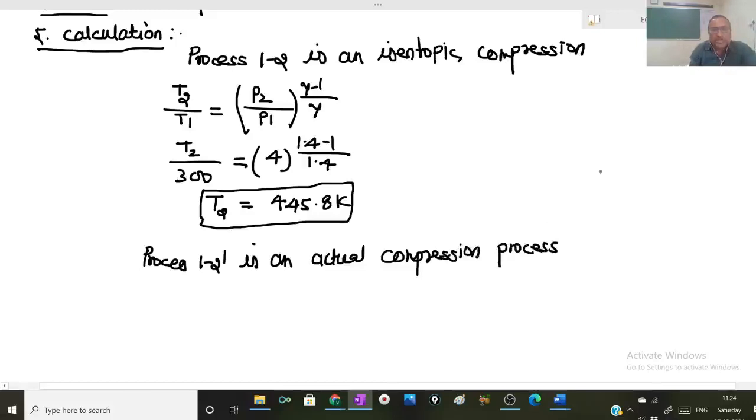So in the actual compression process, the isentropic efficiency of the compressor will come into the picture. It is given as the ratio of less to the ratio of more. So isentropic will be less, actual will be more.